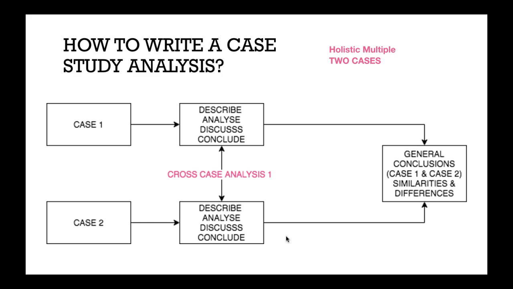In this example, I have taken 2 cases. For example, you found 2 cases for your assignment or dissertation, and you are looking into those 2 cases. So what are you going to do? For case 1, you are going to describe, analyze, discuss, and conclude. And then you are going to do the same thing for case 2: describe, analyze, discuss, and conclude.